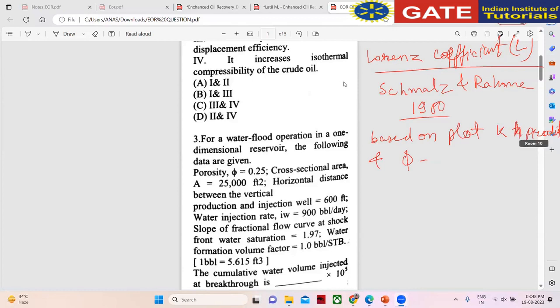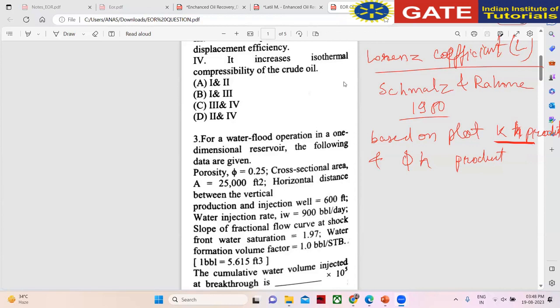Thickness will be represented by h. Porosity thickness product. Okay. So to calculate, you take the data of permeability thickness product against the porosity thickness product. Okay. And you calculate the Lorentz coefficient. Okay.